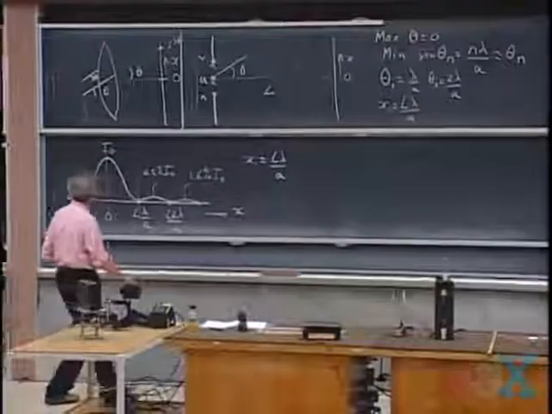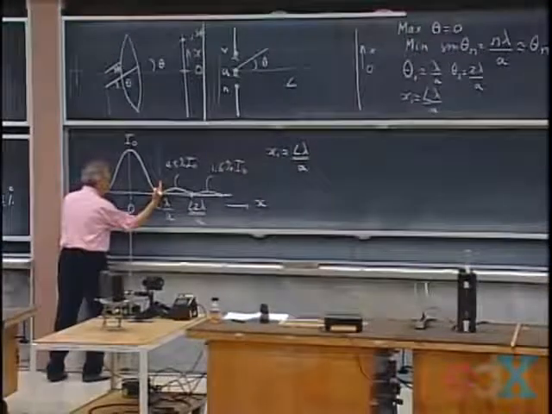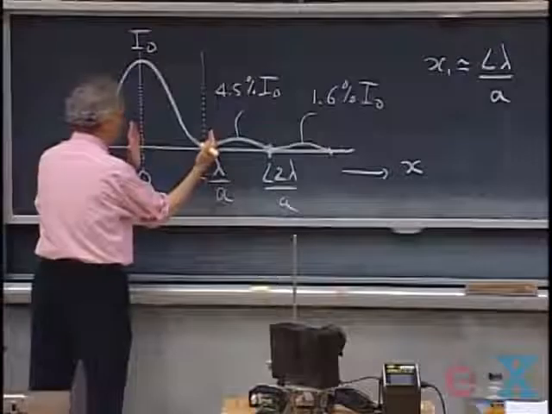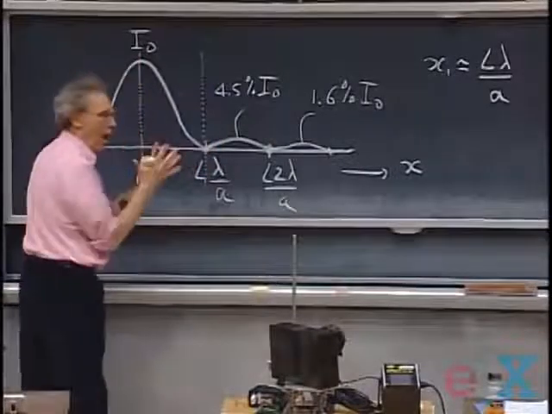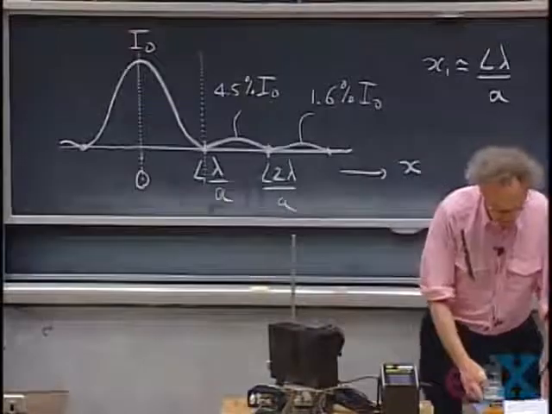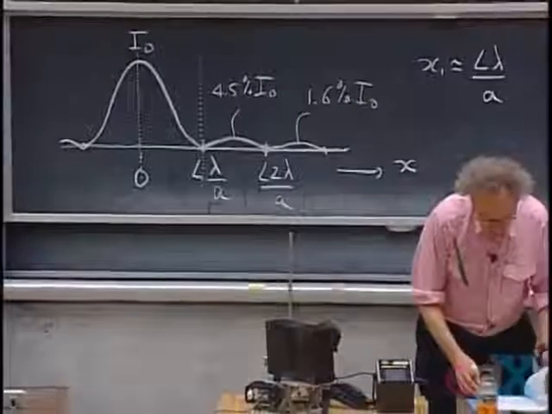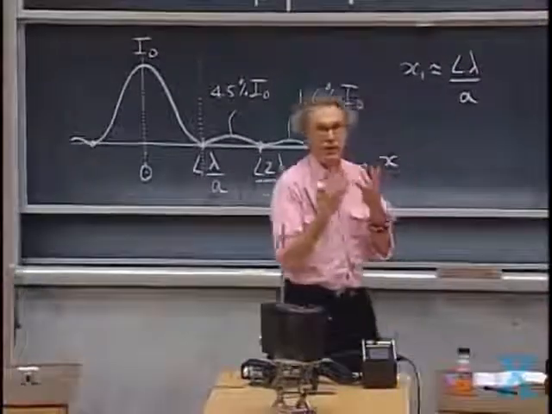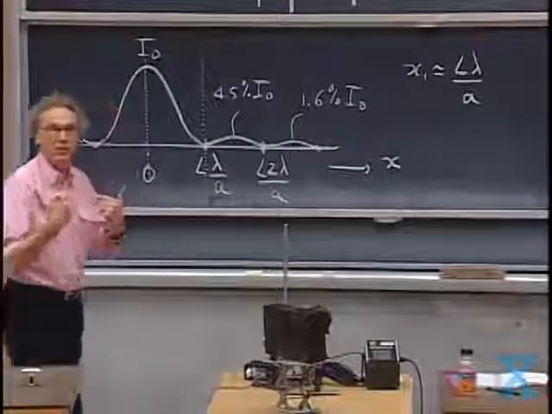And if you want to be picky and say the center maximum is really twice that much, fine, be my guest. But this is clearly a measure for how wide that center spot will be when you see it on a screen.